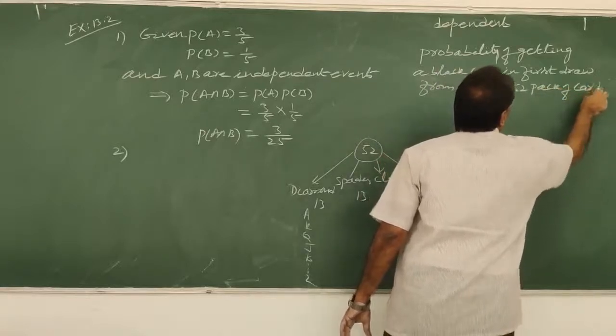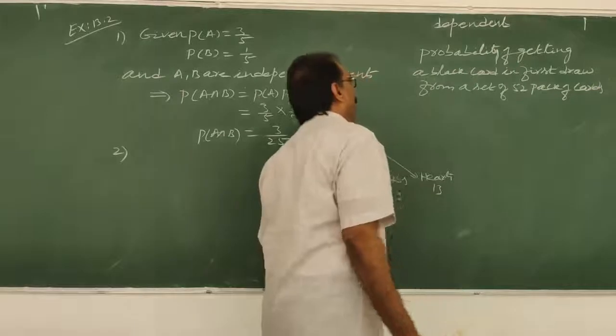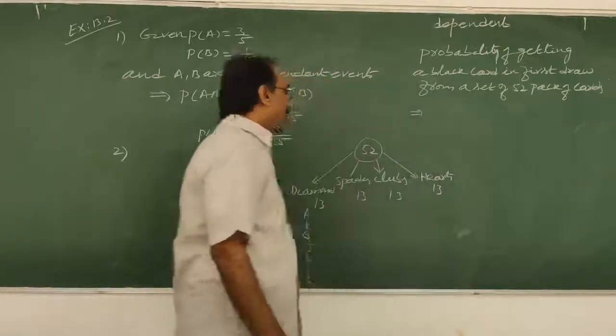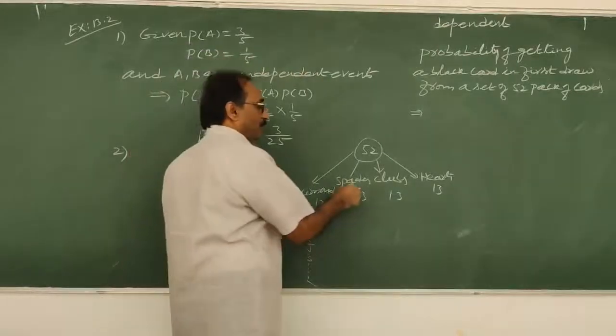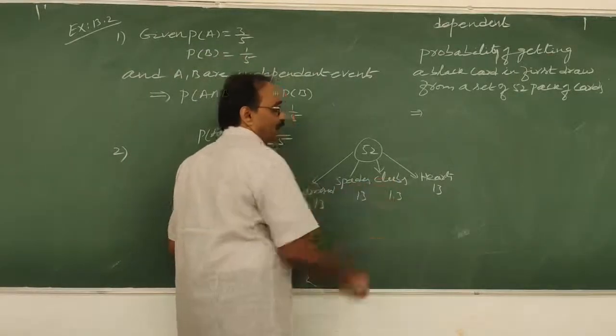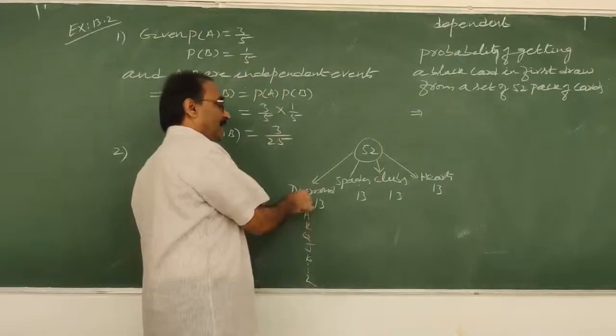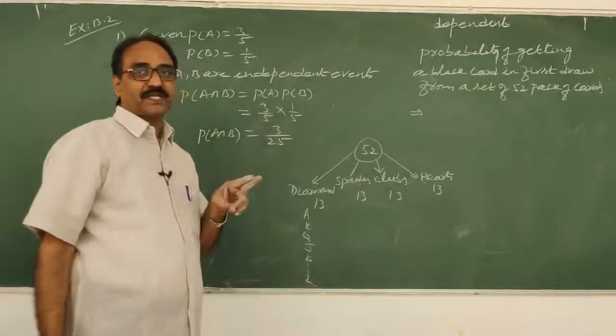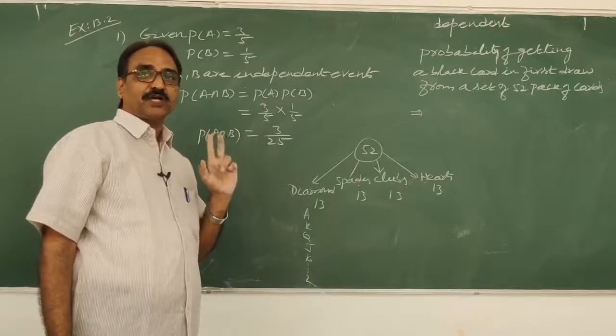Okay, this is given. Now what is the probability? Tell me. Black means, see now, spades are black color, clubs are black colors, diamonds are red colors, hearts are red colors. So red cards are 26, black cards also 26.